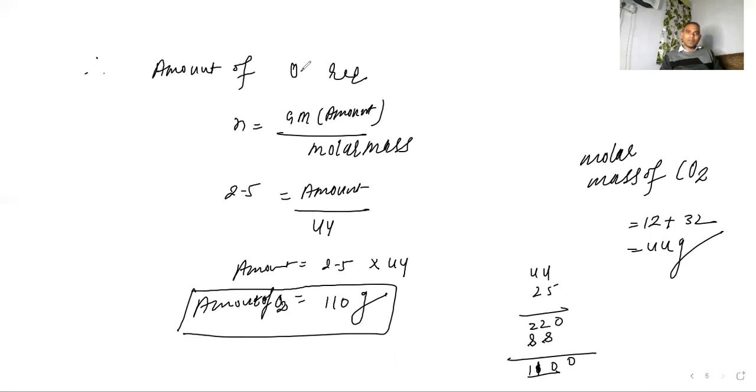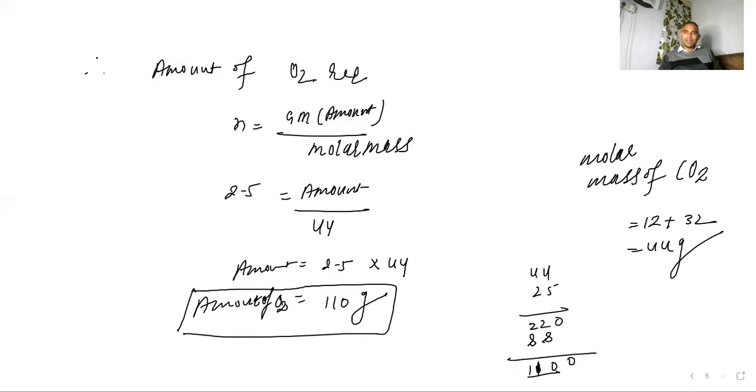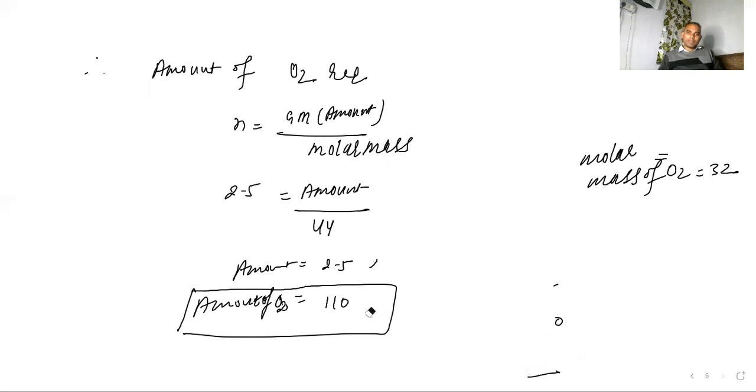They are asking the mass of O2 required. We are doing wrong. In stoichiometry, this is what the problem is all about. If your concentration goes a little bit, the problem arises. The molar mass of O2 is 32. So now you can please recorrect.